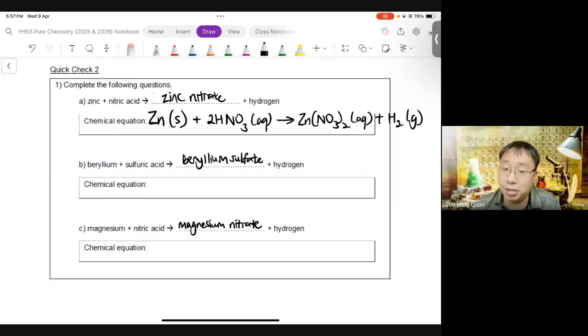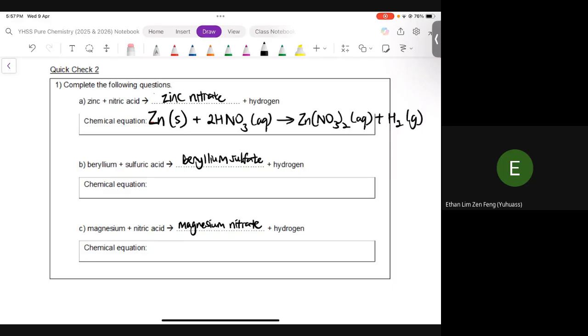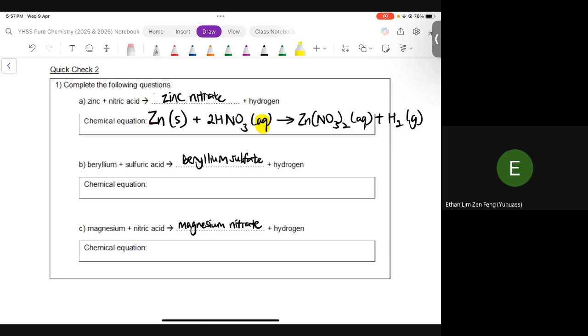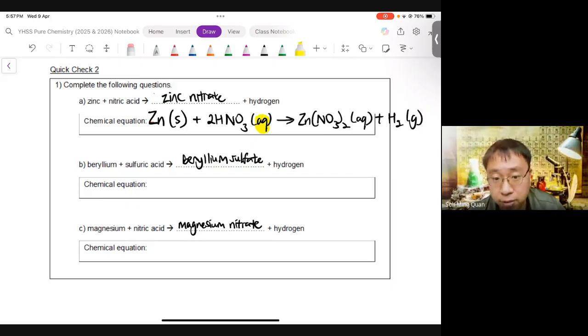All right. So you can see the zinc solid. Metals are solids mostly, right? Acids must always be aqueous. Without water, they will not be able to dissociate and ionize. All right, so acids must always be aqueous. The salt is aqueous.